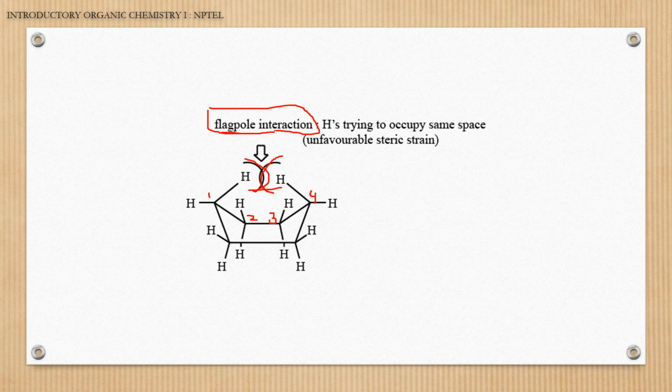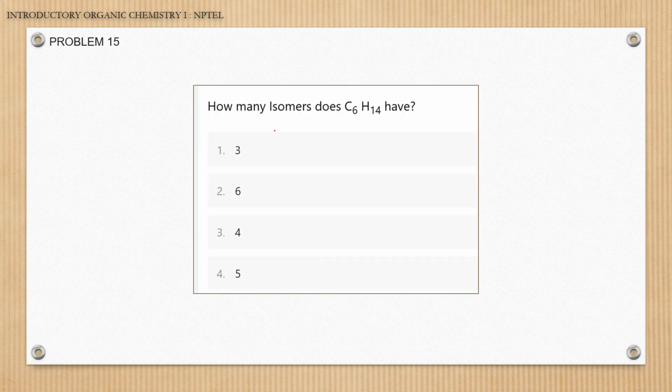Okay. Coming to problem number 15. It is also a very straightforward question. How many isomers does C6H14 have? That means hexane, right? So how many isomers does the hexane molecule have? Can anyone tell me?